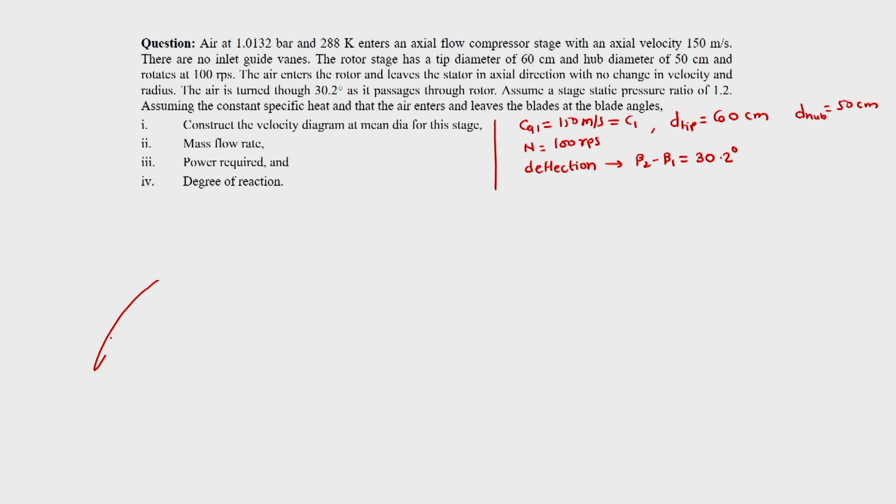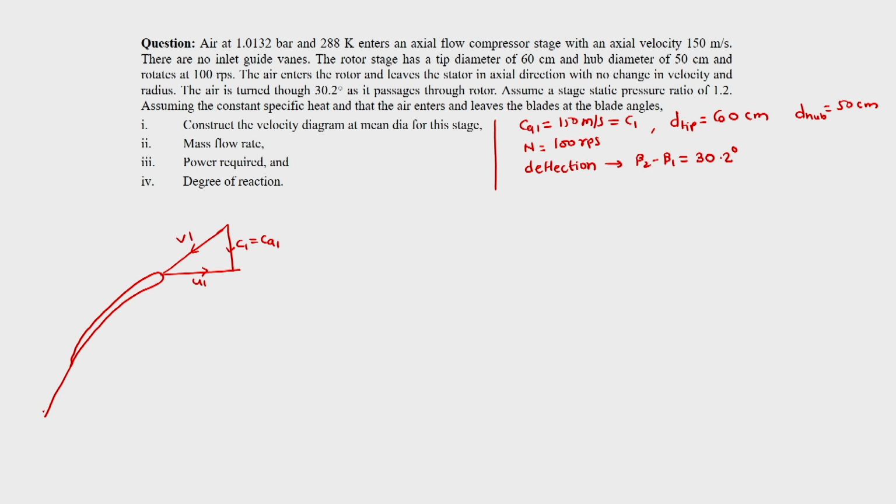So we know that this is the blade. For the blade inlet we have V1 and then U1 and then C1, where C1 is equal to CA1.